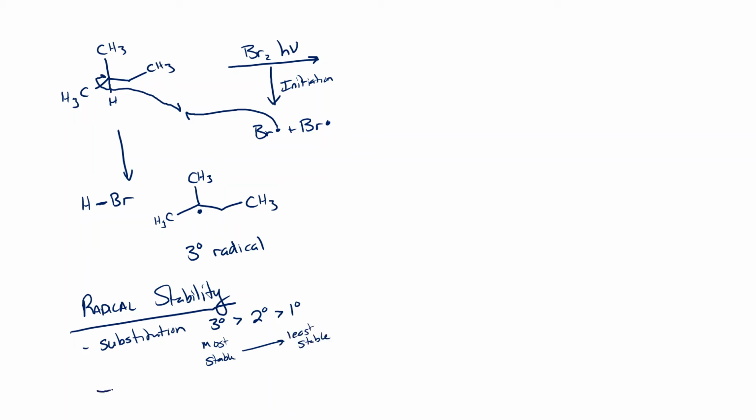And then the other thing that affects radical stability is resonance, and we'll talk about that when we get to the allylic bromination reaction. In this case, we don't have to worry about resonance because there are no pi bonds in this molecule. But the upshot of all this is that we almost always form a carbon radical at the most substituted position.